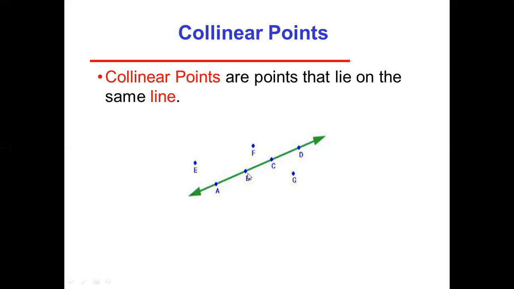So this line passes through A, B, C, D, and there are other points E, F, G, but this straight line only passes through A, B, C, D. So we can say that A, B, C, D are collinear points, because they are lying on the same line. If points lie on the same line, then we can say that these points are collinear points.